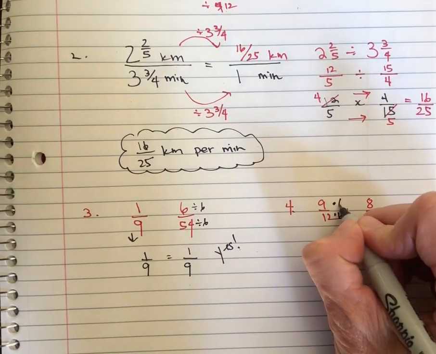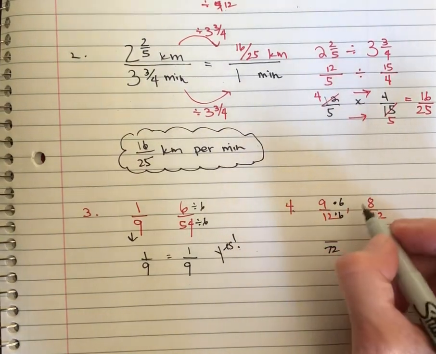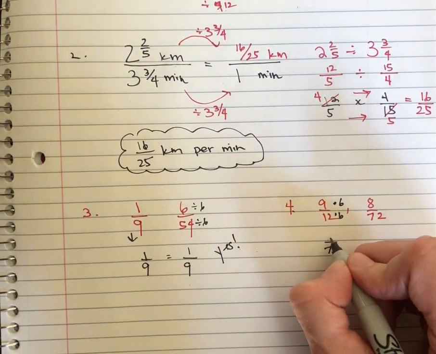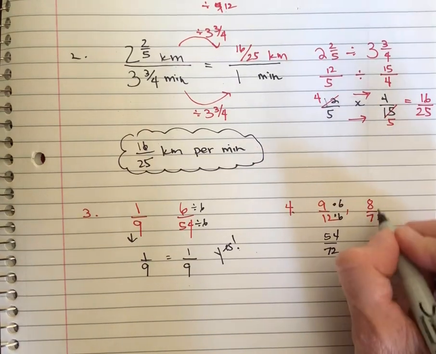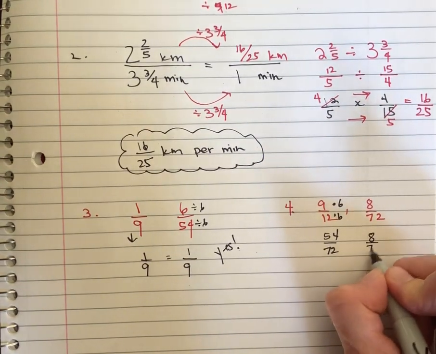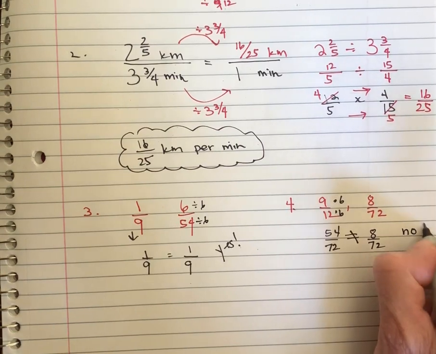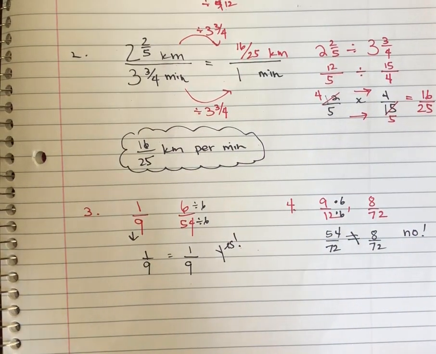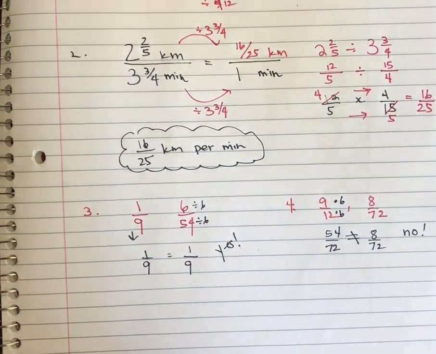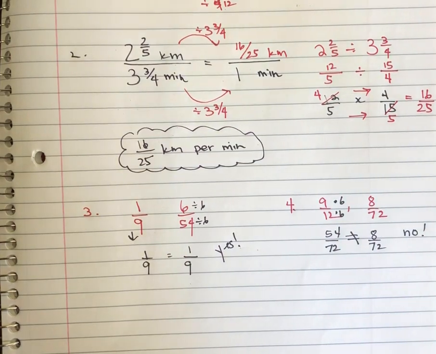So do the same thing up here. 9 times 6 is 54. 8 already has a denominator of 72. These are not equal, so you can say no, they don't form a proportion. You could reduce these also and get ratios that aren't equal, and you would still say no.